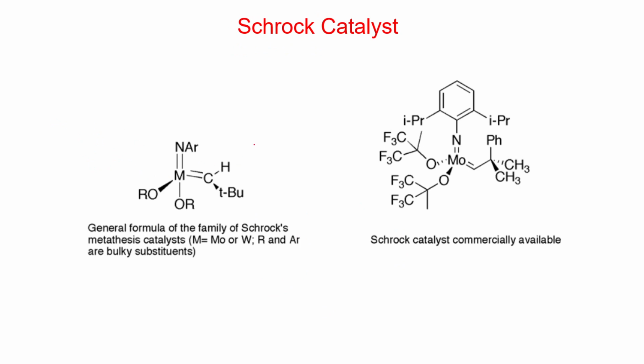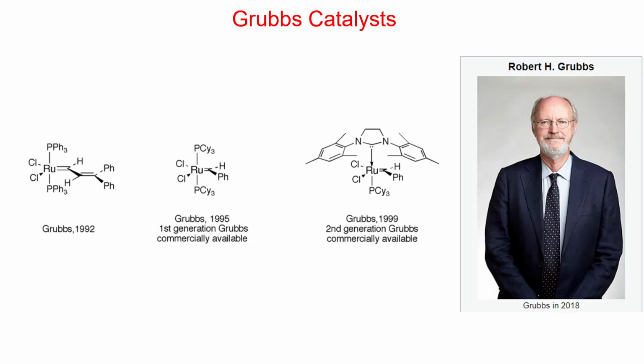So for the catalysts for carbenes, molybdenum, this kind of metal, is used with this kind of ligand. And for Grubbs, they are generally ruthenium based like this.